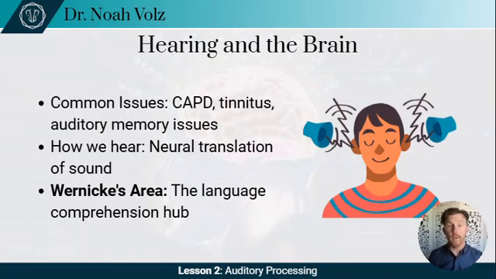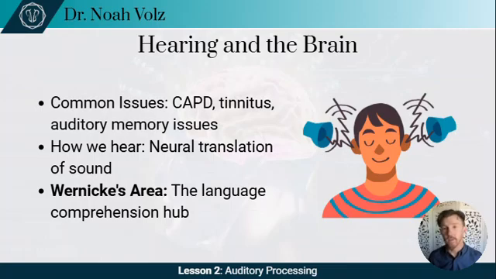So let's talk a little about hearing and the brain. Hearing in the brain, you can have a central auditory processing disorder. You can have tinnitus, that's a ringing in the ear. Sometimes you can have auditory memory issues.